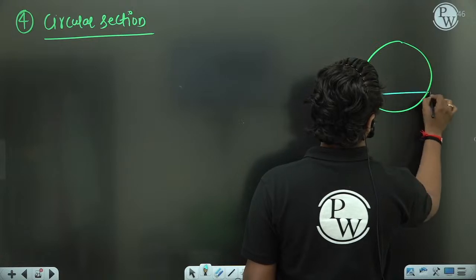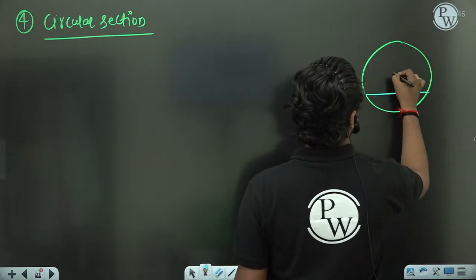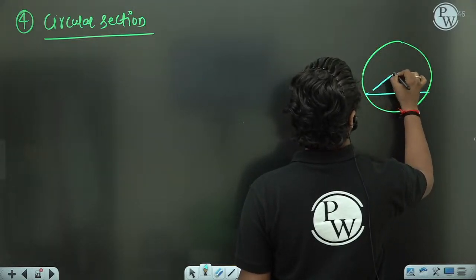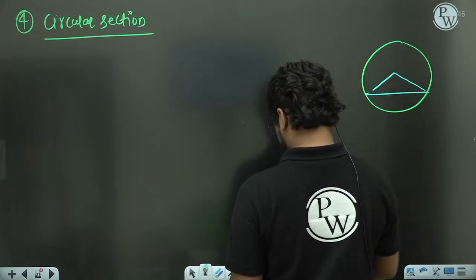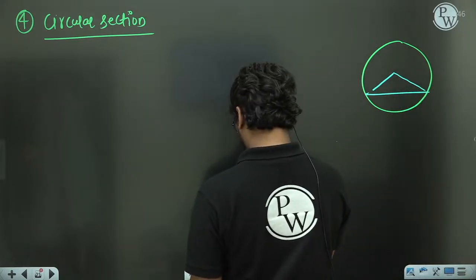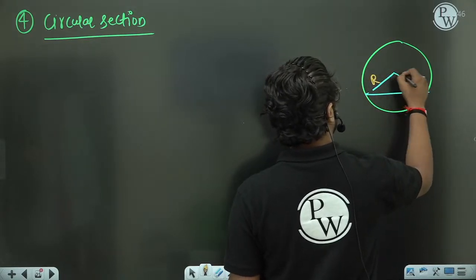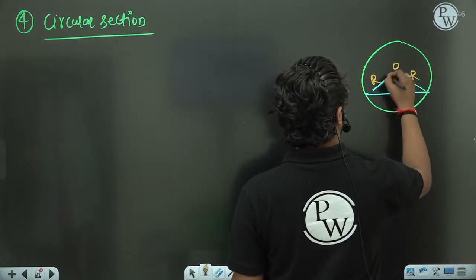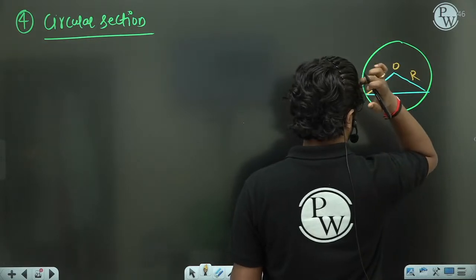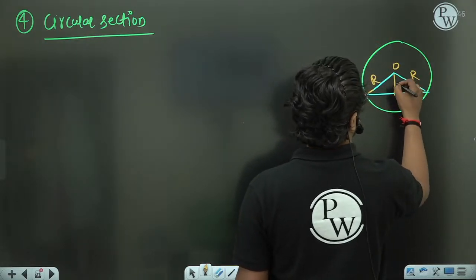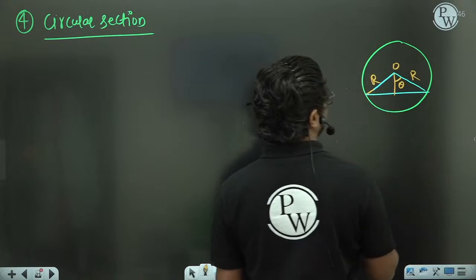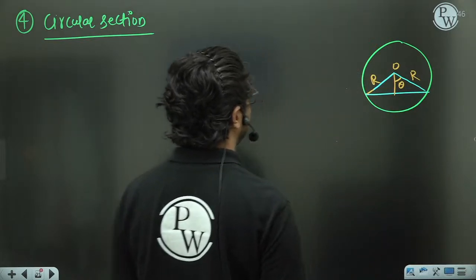Up to here the flow is occurring. This is the center. Center line radius is R. Here the radius is R. This angle they have taken as theta.